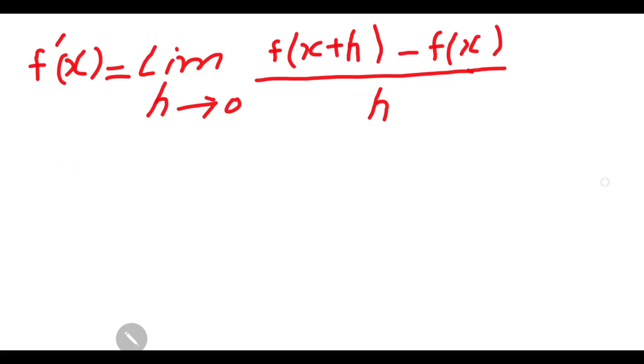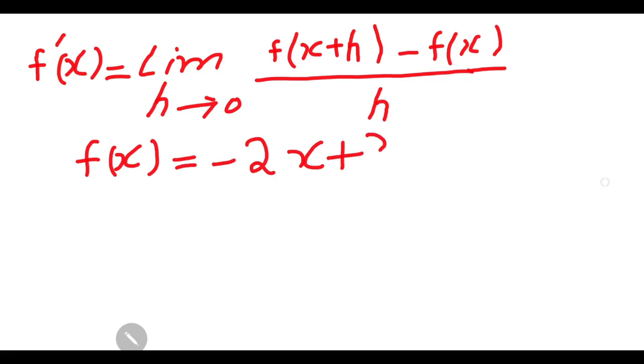So there are two ways to solve this question. I can first find f(x plus h) and then substitute, or I can solve it in one go. Same thing, the answer will be the same. Now, the function we have here, f(x) is equal to negative 2x plus 3.